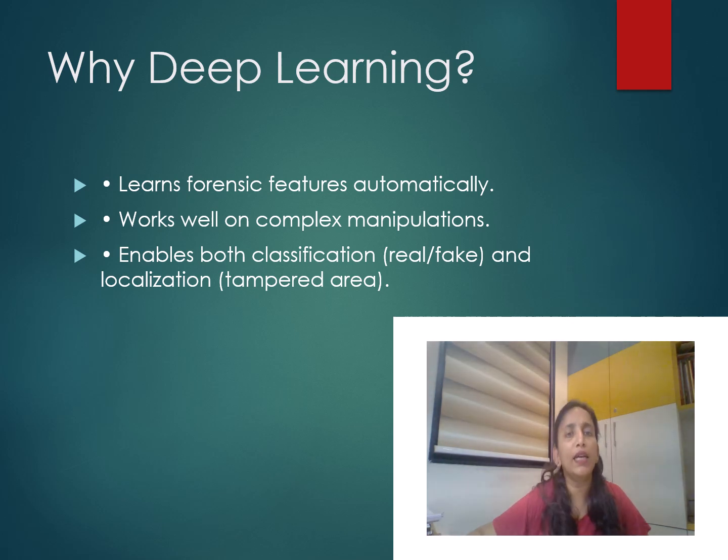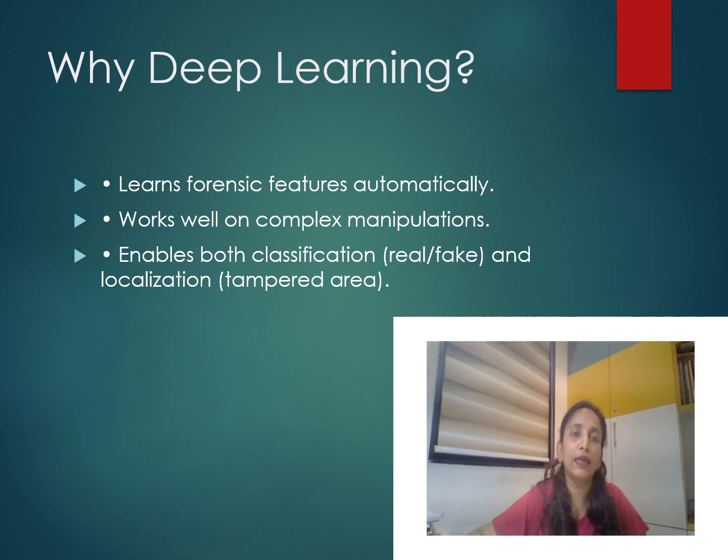Deep learning, especially using CNNs, changed this completely. CNNs can learn features automatically. They study thousands of real and fake images and figure out by themselves what differences usually appear in the forged areas. Unlike traditional approaches, we don't have to manually tell the model what to look for.